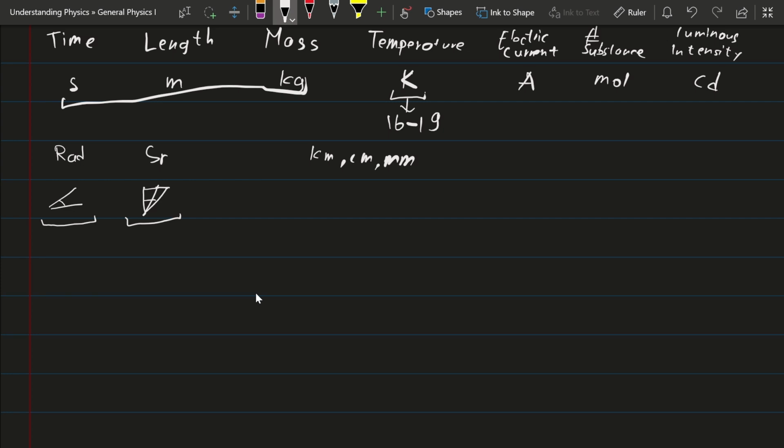There are lots of them, but I want to discuss some of the important ones, which are the giga, the mega, the kilo, the centi, the milli, the micro, and finally the nano.